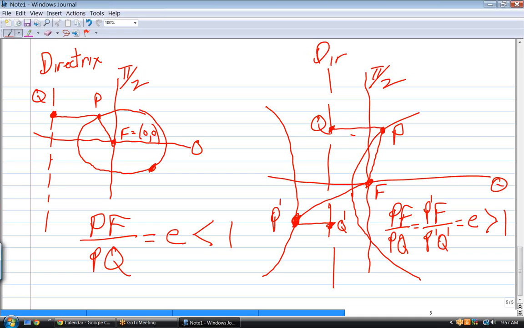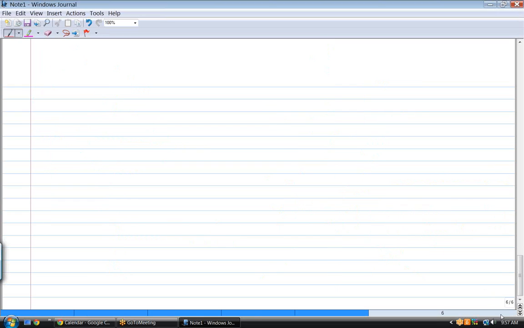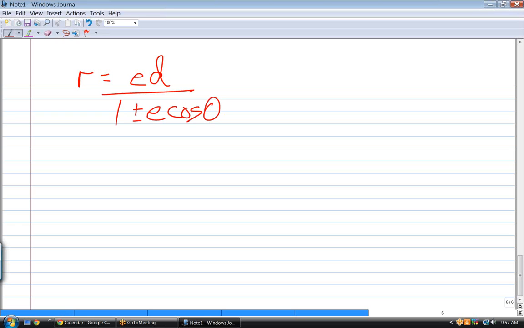Now, let's briefly mention the four formulas that are going to be key. If I have a polar equation of this form, is that a D? Yeah, it is. And I'll define each of these in a second.